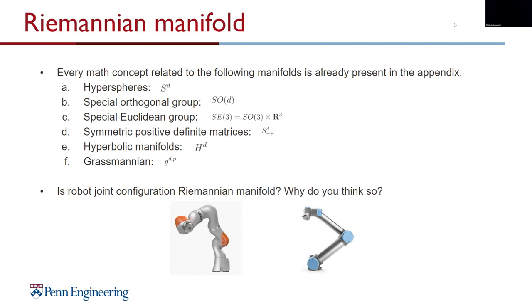So here's my question: do you think the joint configuration of these two robots is a Riemannian manifold or not? This is kind of a trick question, but do you think their joint configuration is a Riemannian manifold or not? Is there anyone who can answer this? Just try.